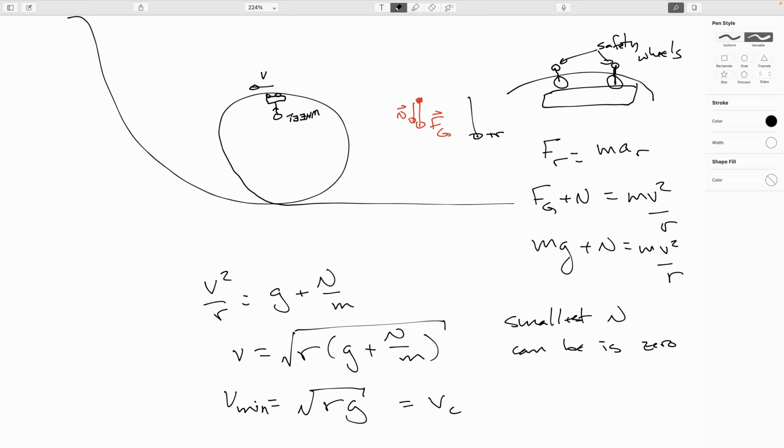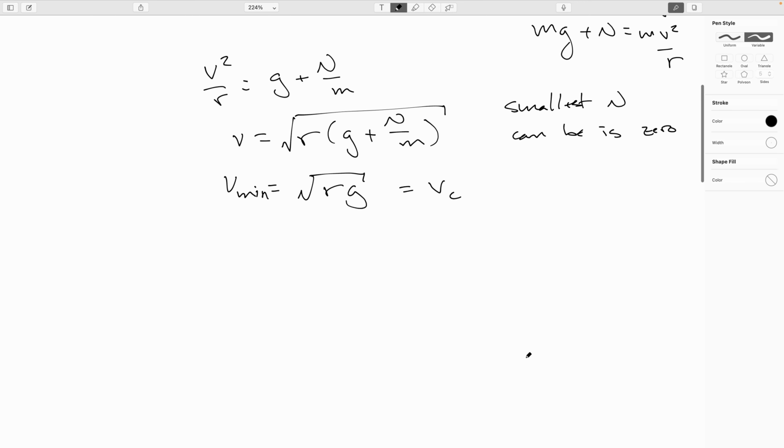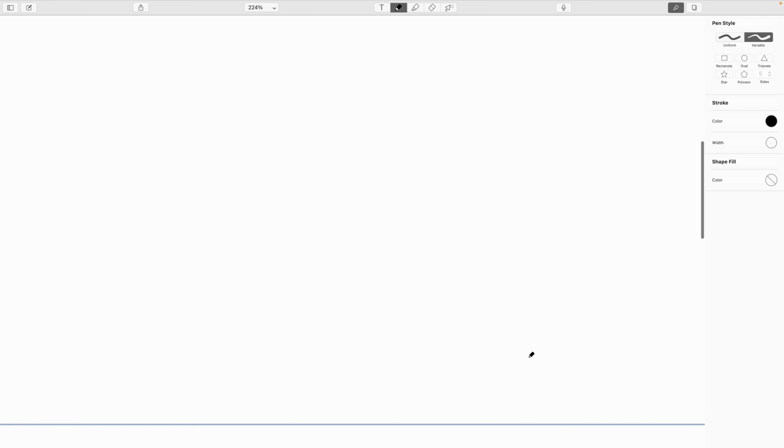All right. So we can go ahead and flip this one around and think instead of a roller coaster, let's think of a car going over the crest of a hill. So there's our car. Now here, same deal. It's going like so.